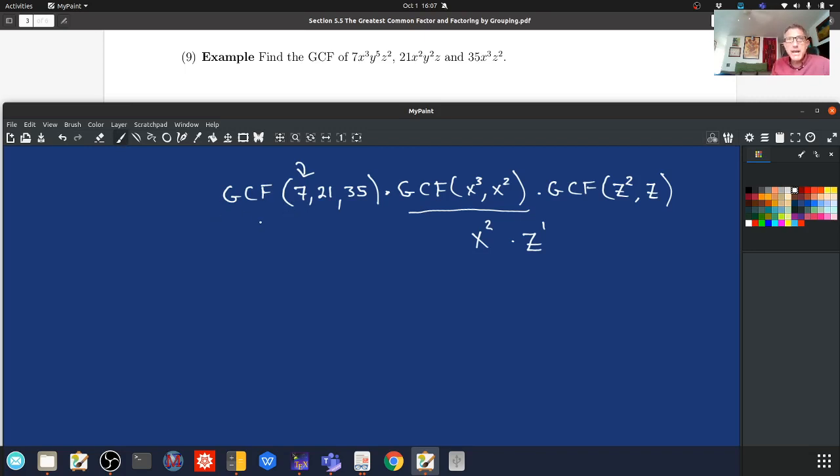So the only way it could possibly not be 1 is if 7 divides both of the larger numbers. And 7 divides 21, because 21 divided by 7 is 3, and 35 divided by 7 is 5. So it's 7. So the GCF is equal to 7x squared z.